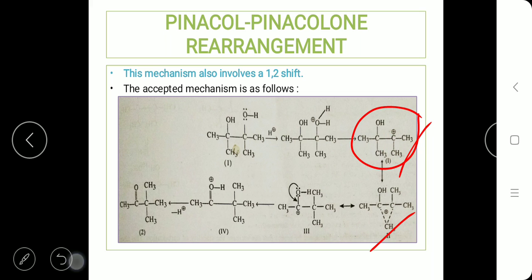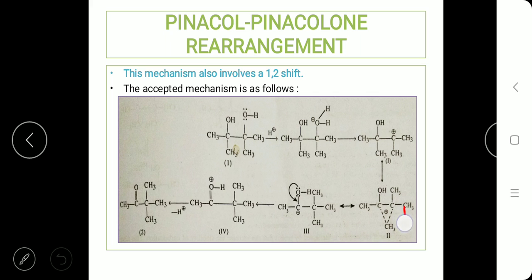Here there is a shift of the positive charge, because we know that whenever there is a positive charge concentrated at a particular point on an atom, it can lead to instability. The instability can be removed by easing the positive charge, by shifting it onto the adjacent carbon atoms.